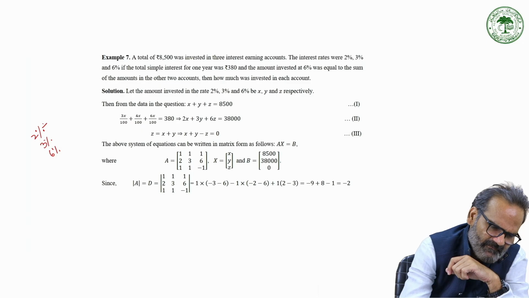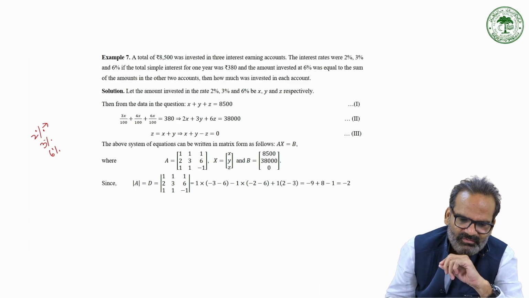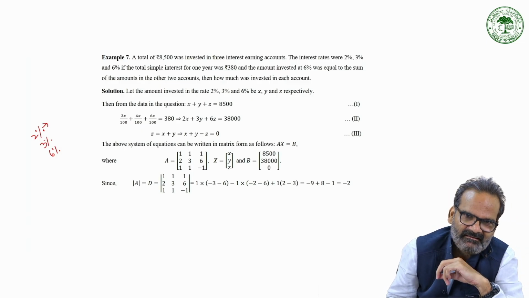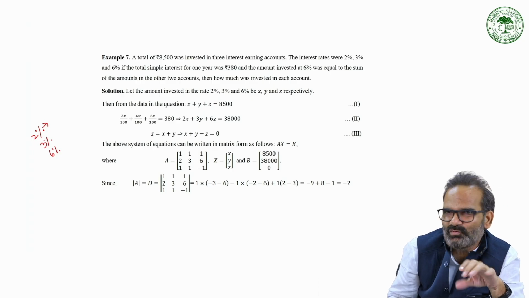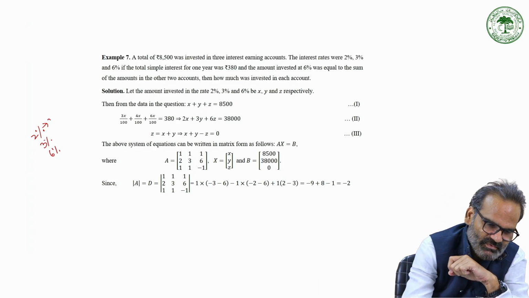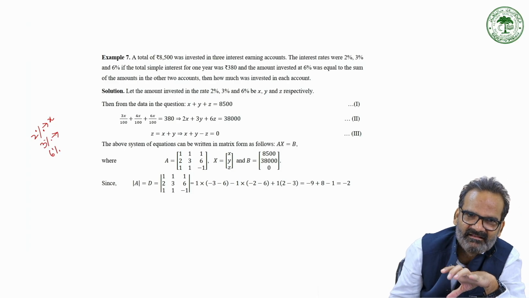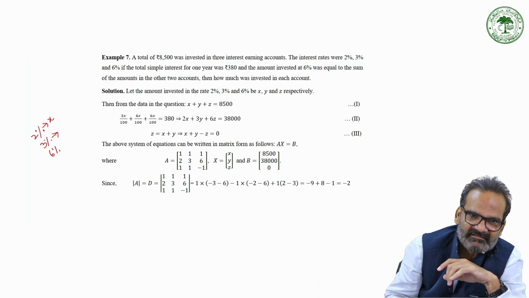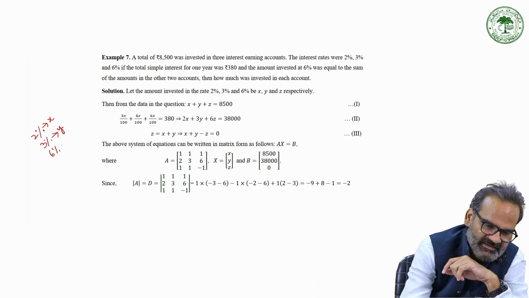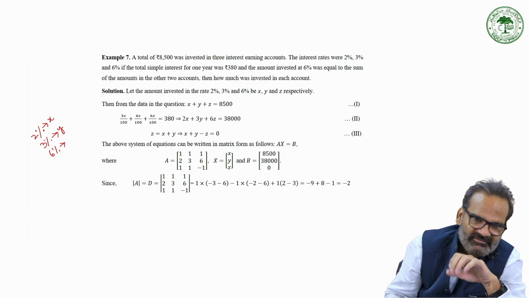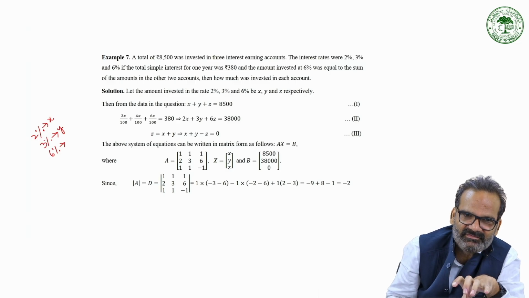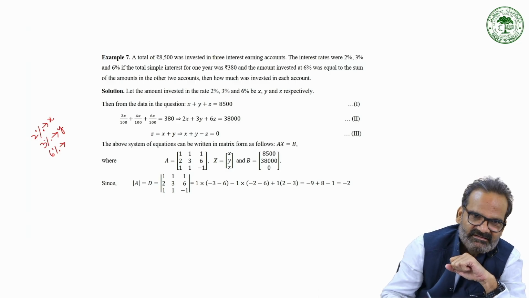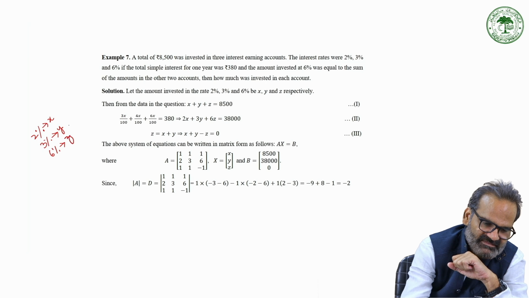Let us take the amount invested in the account which is running at 2% interest rate as x, right? Likewise, the amount invested in the account which is running at 3% interest rate is y, and the amount invested in the account which is running at 6% interest rate is z, right?